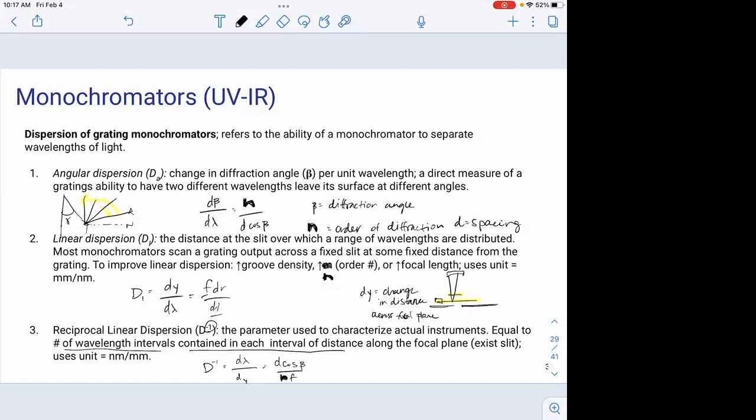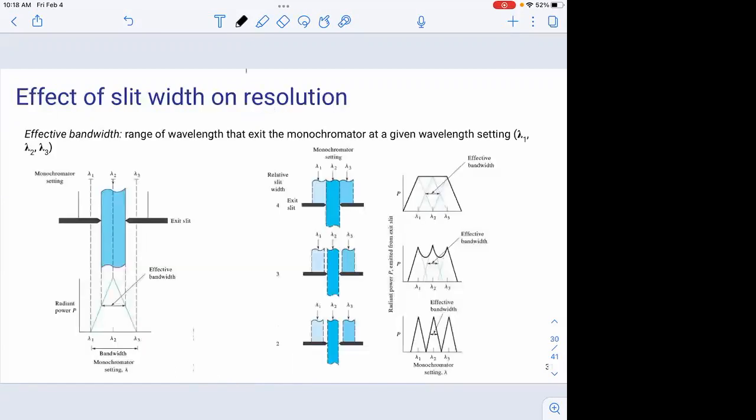Okay, so this is how you would relate the diffraction angle, the length of the Blaze grating, and the focal length with the order of interference in order to calculate the characteristic reciprocal linear dispersion for your monochromator. Cool.